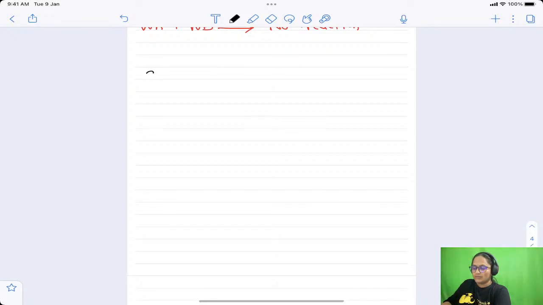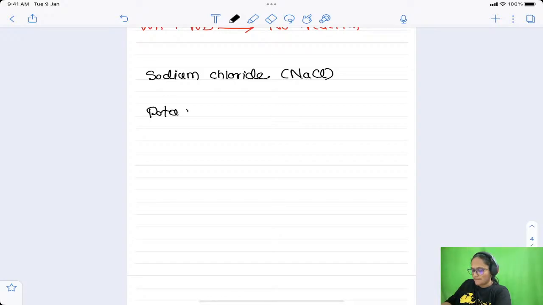The list is sodium chloride, formula is NaCl. Then the next example is potassium nitrate, formula is KNO3.